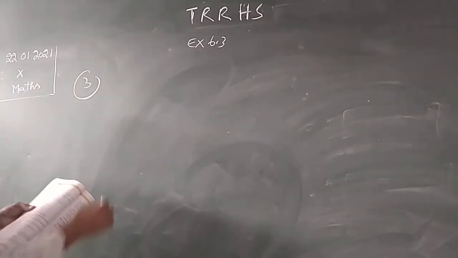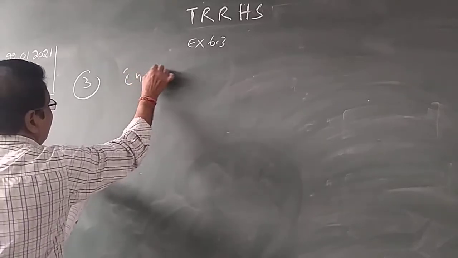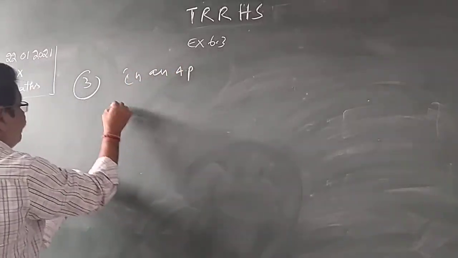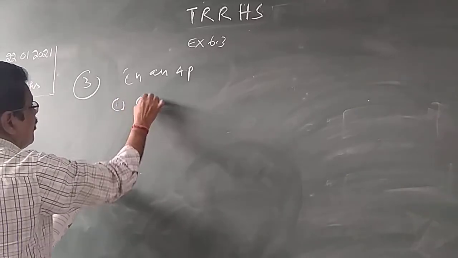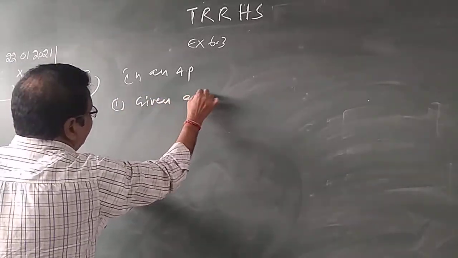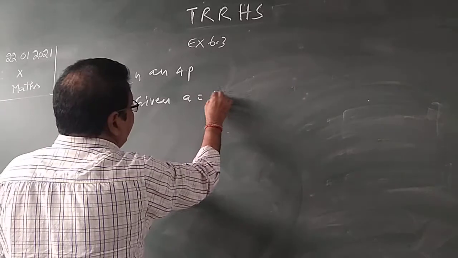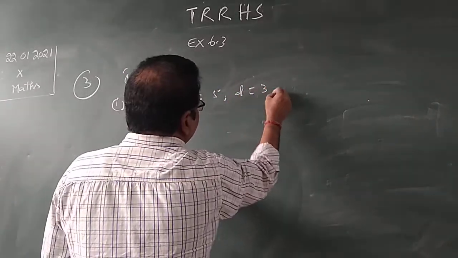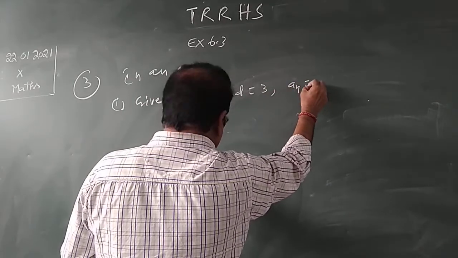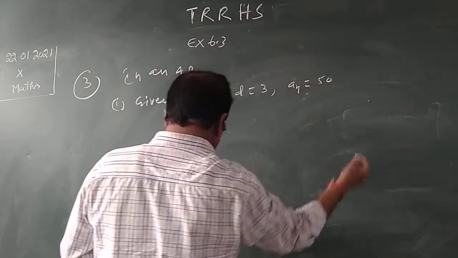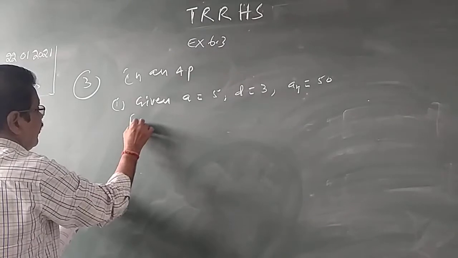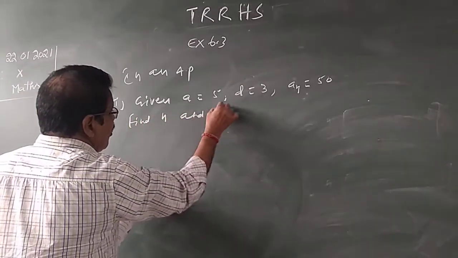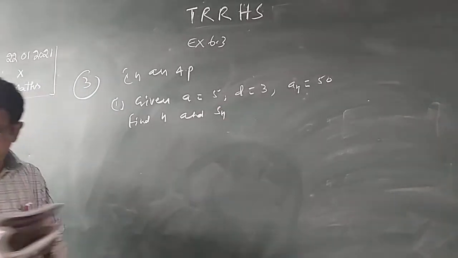Third problem. In an AP, given a equal to 5, d equal to 3, an is equal to 50, find n and Sn.